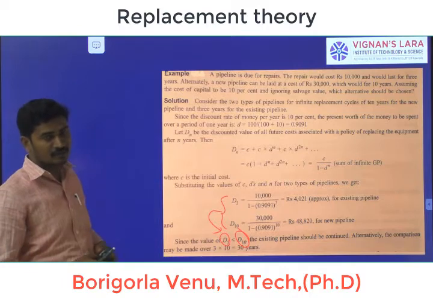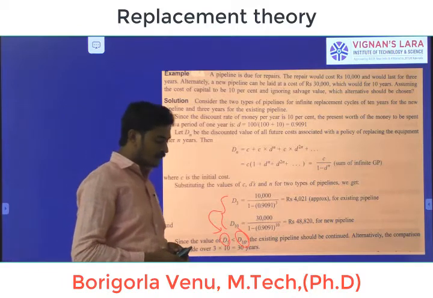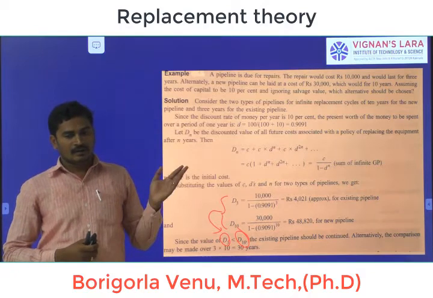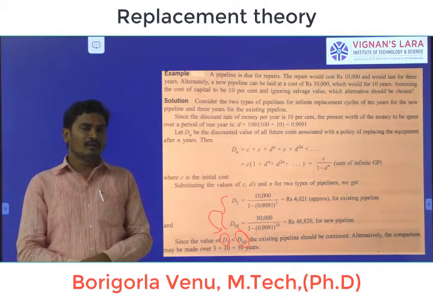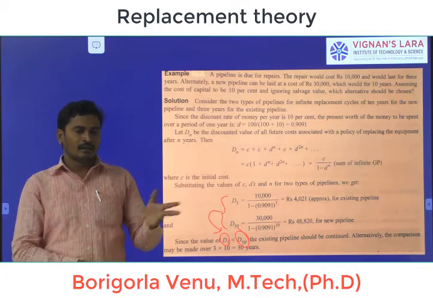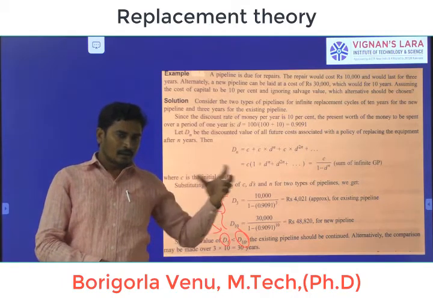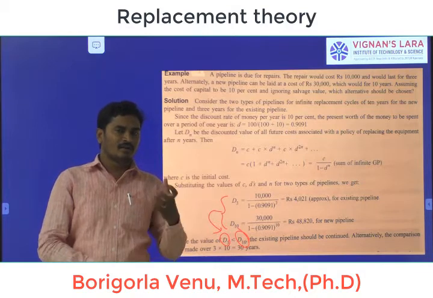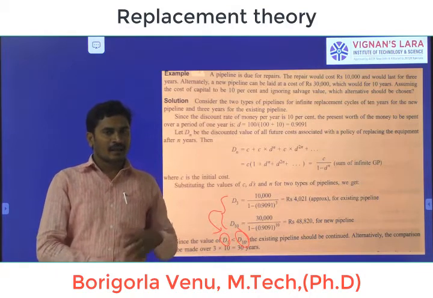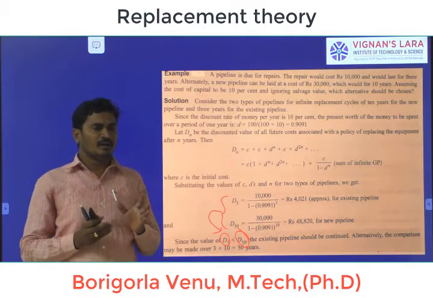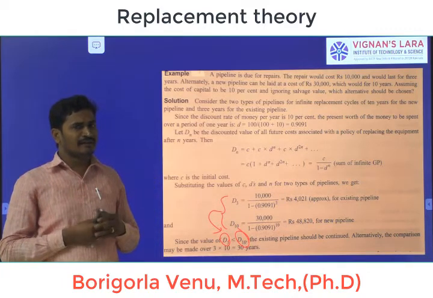What we learn from this problem? Here we learn how to replace the pipeline. For example, a government calls tenders for supplying water or for building canals. They call the tenders and give some duration, and for that duration only they invite the bids.